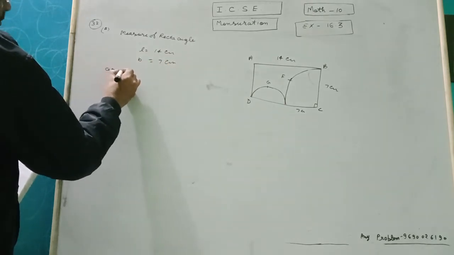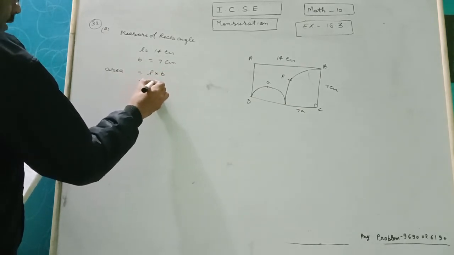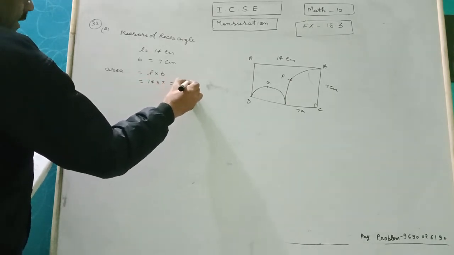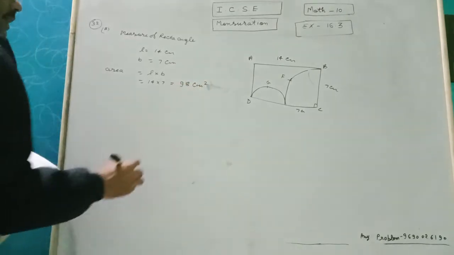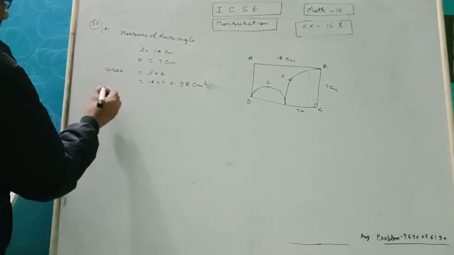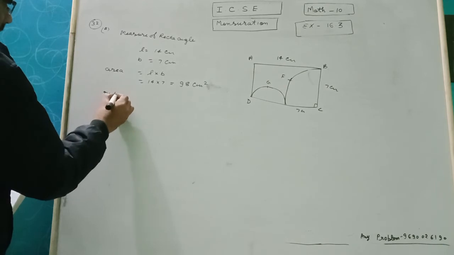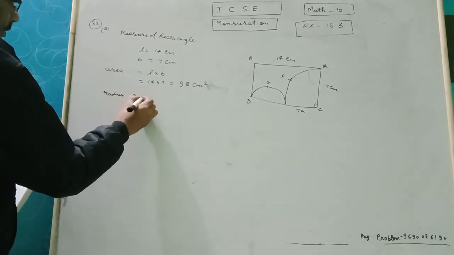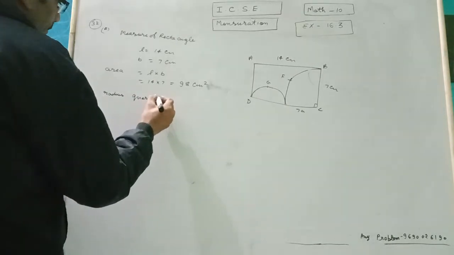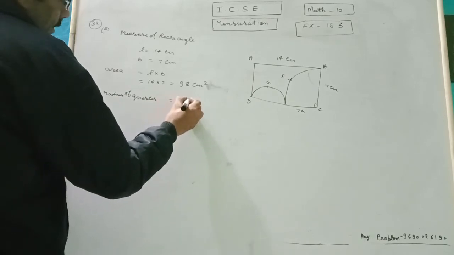Area is equal to L into B is equal to 14 into 7 is equal to 98 cm square is area of complete rectangle. Radius of quarter is equal to 7 cm.